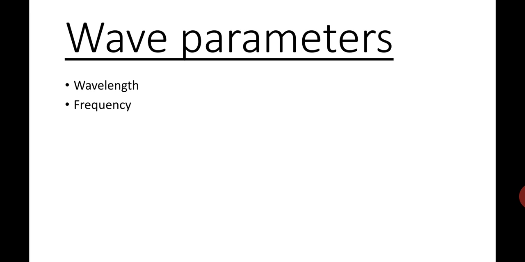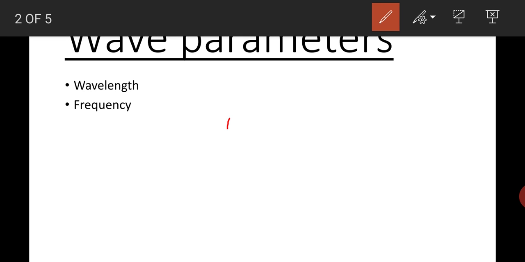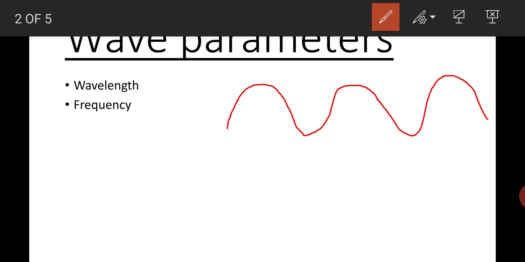We know that a wave is propagating like this as ups and downs if it is a transverse wave, and the distance between two successive crests or two successive troughs is called wavelength.